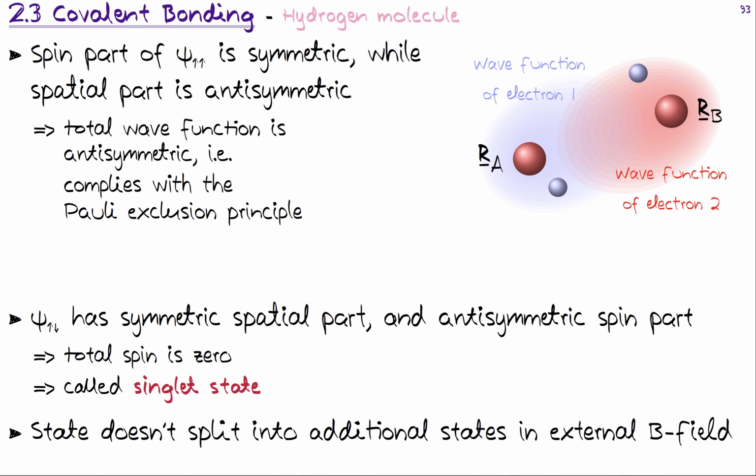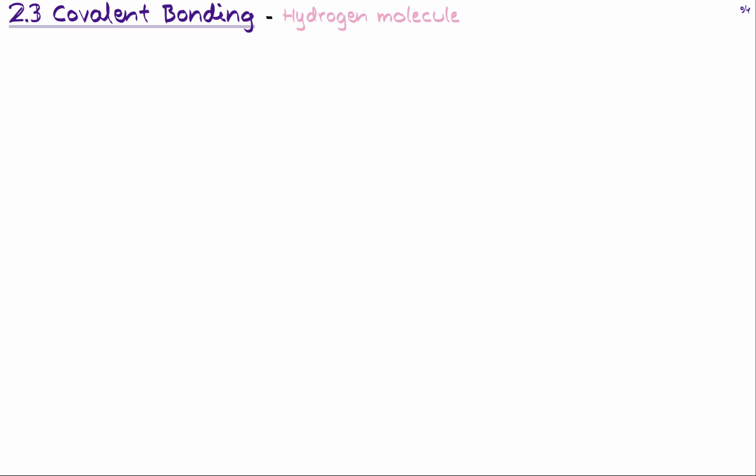So no fine structure would be visible in the measured energy spectrum. Because of this it is called a singlet state. It doesn't have any fine structure. But interestingly enough, when the total spin is not zero, we actually do start seeing a splitting of the energy structures when we place the system under an external magnetic field.